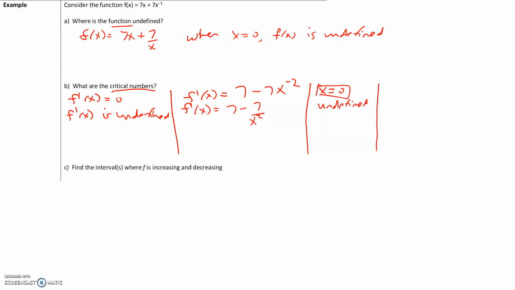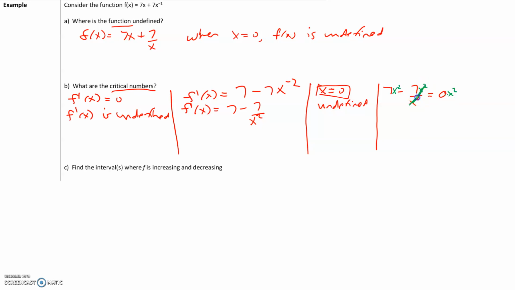We also have a critical number when this first derivative, which is 7 minus 7 over x squared, is equal to 0. We're going to clear the fraction as we did before. To clear the fraction, we multiply each term by the least common denominator, which is x squared.